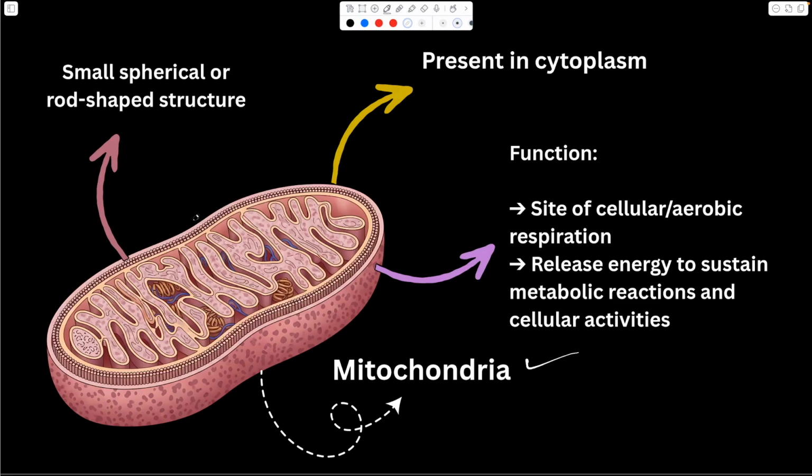The theory says it used to be an ancient bacteria that fused with a eukaryotic cell, and it formed a symbiotic relationship with the cell. So it takes glucose and other energy sources, and it produces ATP. So it can survive, and we can also survive. It is a beneficial relationship, and this is something I found very fascinating, honestly speaking.